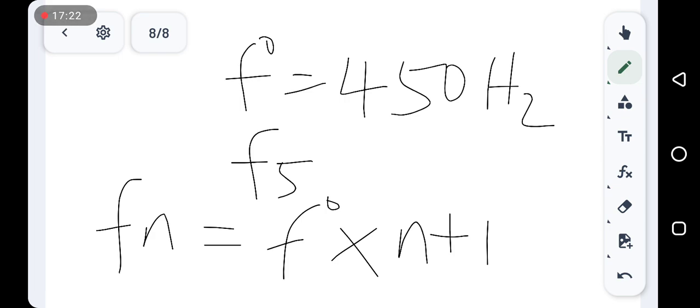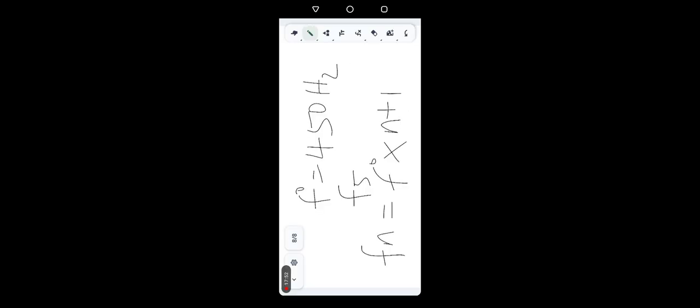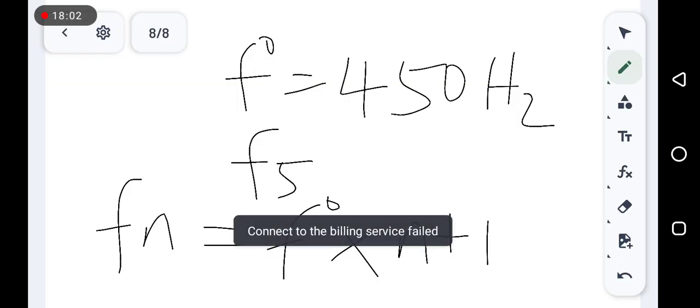If they ask for the fourth overtone, n is equal to 4. You put n there and add 1 to n, then multiply it by the fundamental frequency given to you. In this case, we are asked to find the fifth overtone, so n is equal to 5.